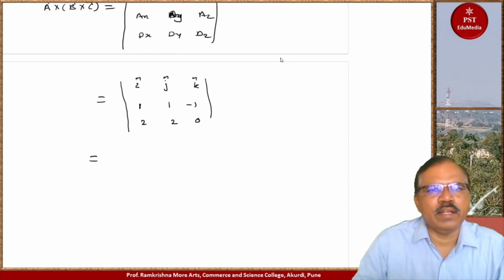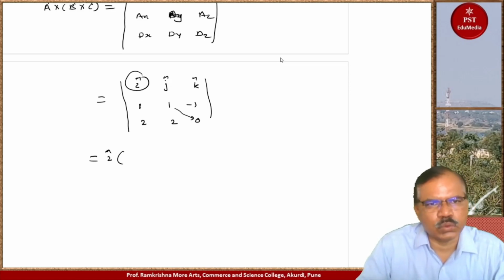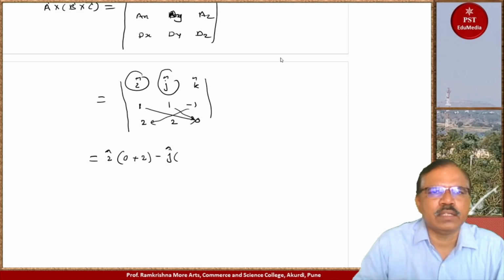So now i into 1 into 0, that is 0, minus 1 into 2, that is minus 2. So 0 minus minus 2, that is plus 2. Now minus j, this one: 1 into 0 minus 1 into 2. So here we get 1 into 0, that is 0, minus 1 into 2, that is minus 2, and here we have a minus sign, so plus 2. Now plus k.